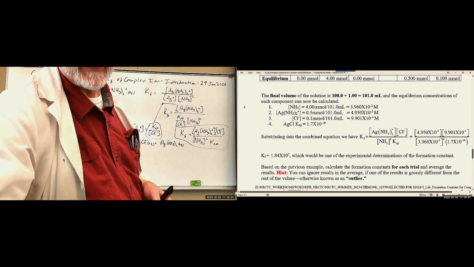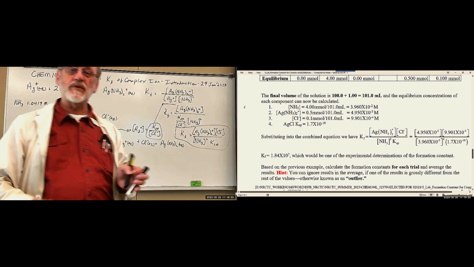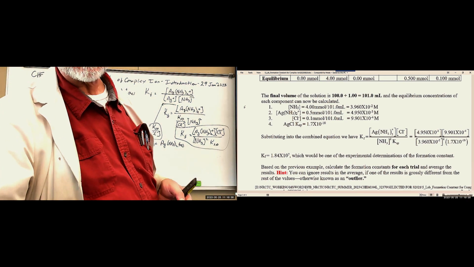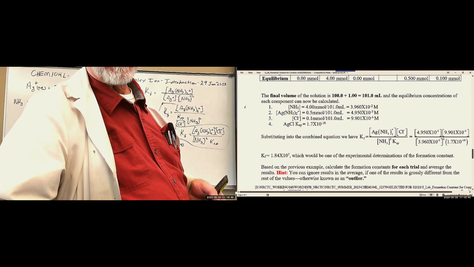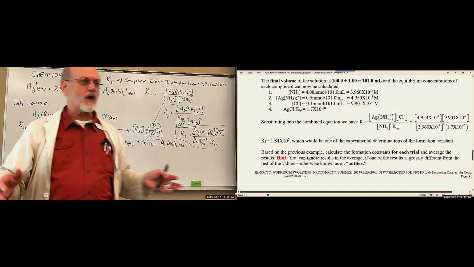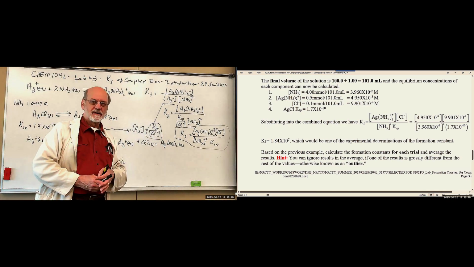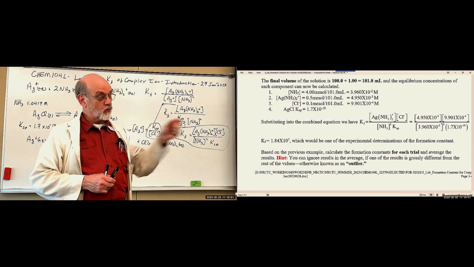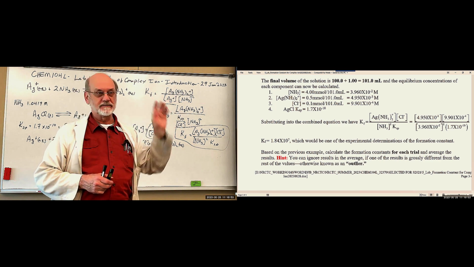Right? And the reason I stuck this in there is so that you could almost cookbook it, putting the values in. And we're going to do 3 trials for the same reason we always do triplicates, at least. So if you get 2 that agree to each other, and one of them that's just way off in left field, you can throw it out.